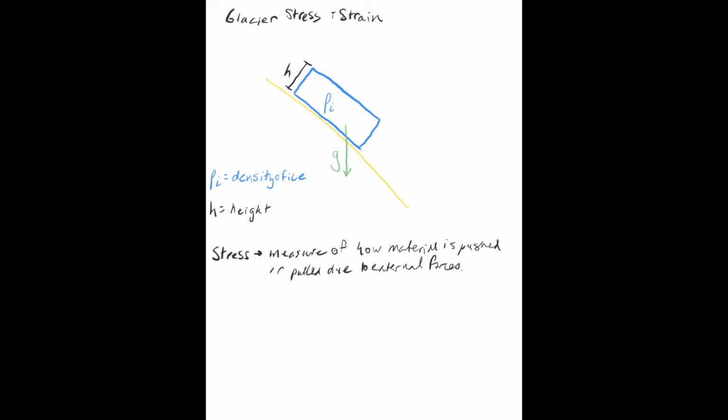So in thinking about stresses, you've probably heard all this. This is not new to you, but we have our two types of stress. If it's at a right angle to our surface, we have our normal stress.